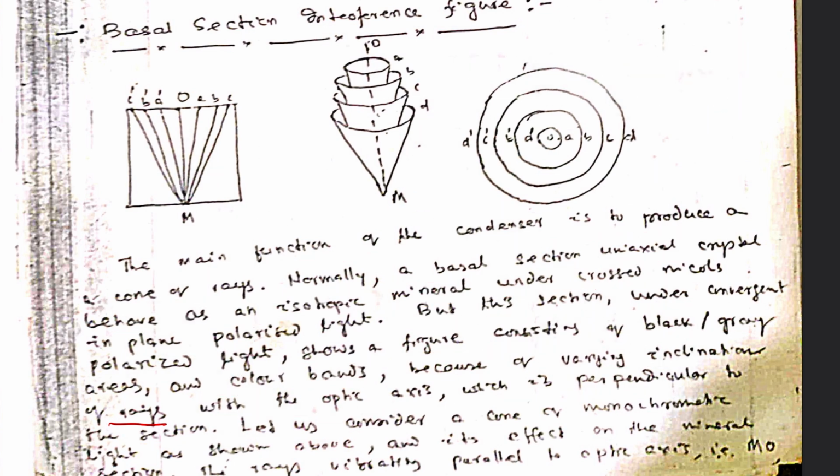So you have taken the basal section, the optic axis is perpendicular. So the light rays are falling like this.